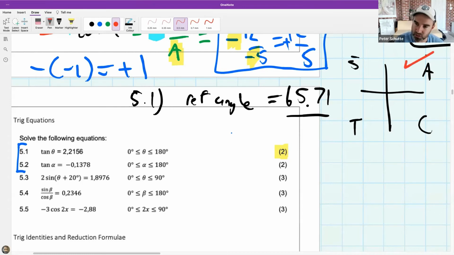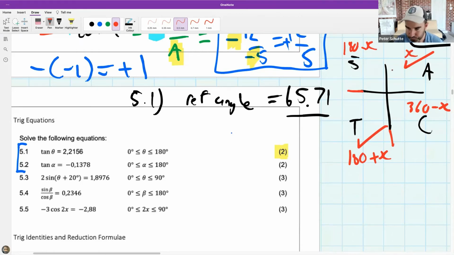Tan is positive in this quadrant, and tan is positive in this quadrant. All the angles in this quadrant have that form, 180 plus x, where x is the reference angle. This might be a little bit overkill. You might need to go back and watch the earlier videos. But basically, each of these quadrants has a standard form.